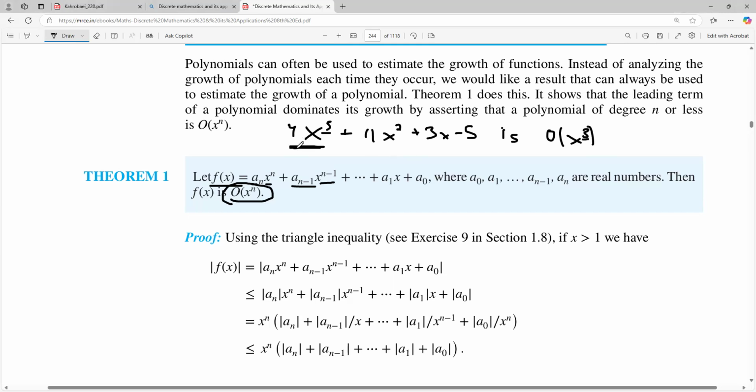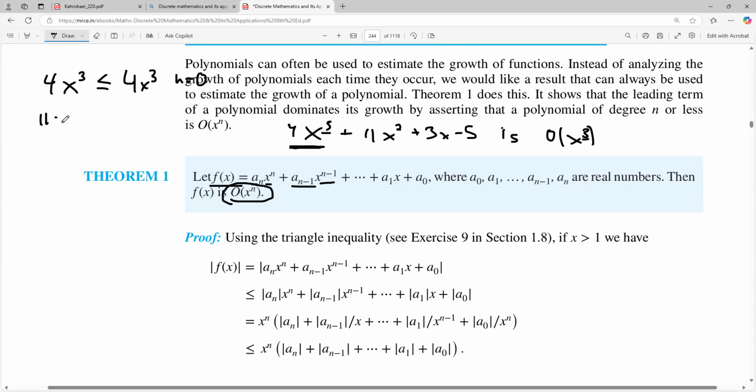Okay, so let's do this. I like to split up each term. So let's do 4x cubed. This is always going to be less than or equal to 4x cubed, because they're equal. And k is equal to 0, why not?